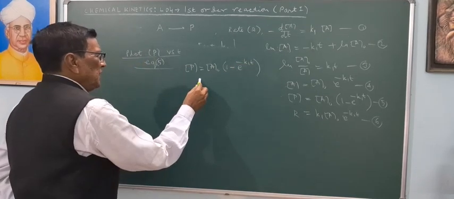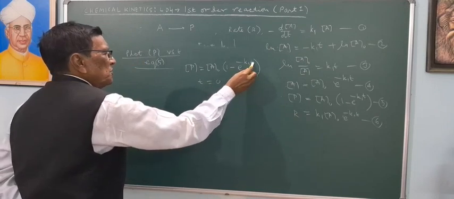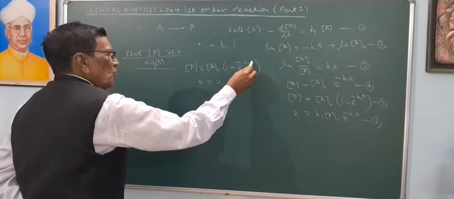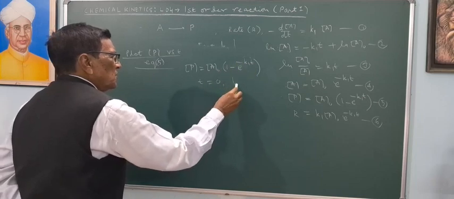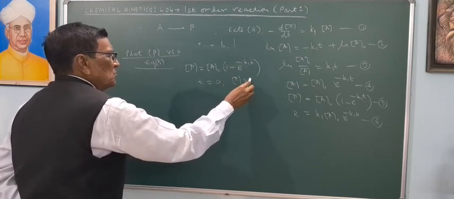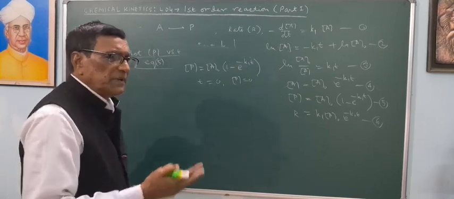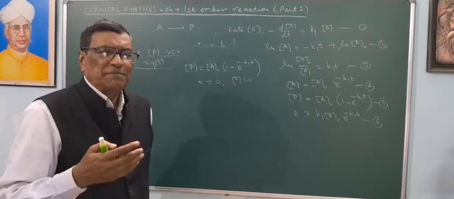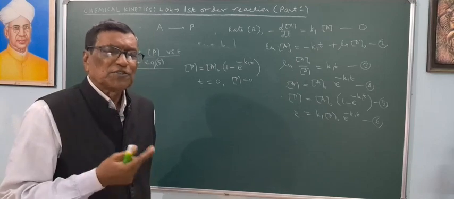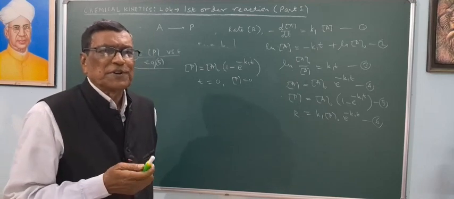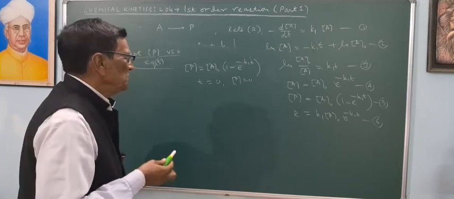So when T equals 0, this exponential equals 1, 1 minus 1 is 0, so the concentration of P equals 0. At the initial time, when the reaction has not yet started, the product concentration is automatically 0.